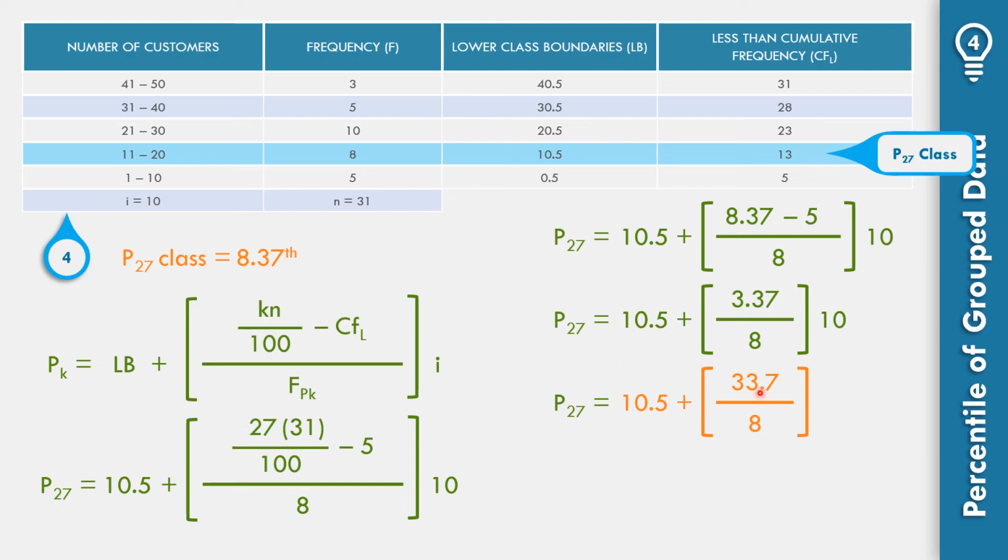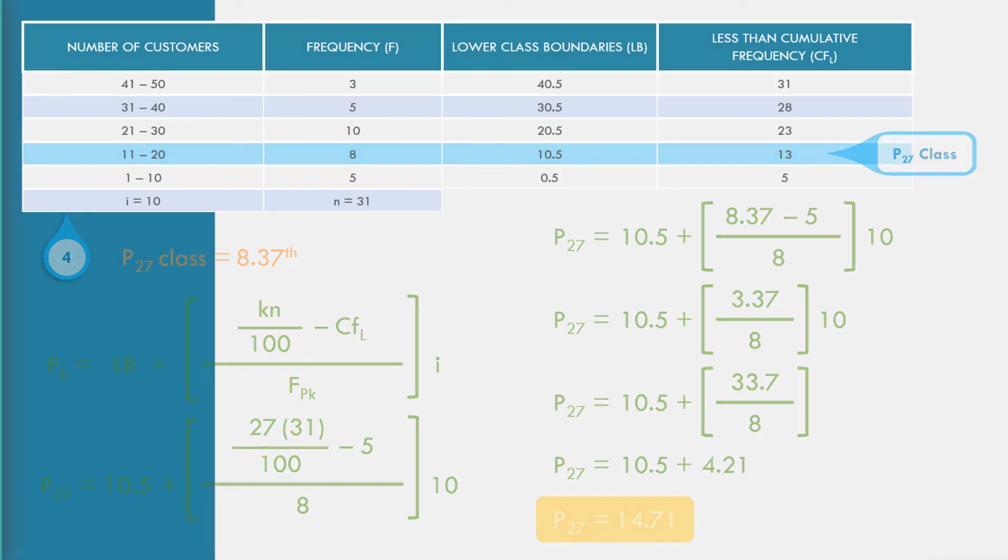Copy 10.5, copy the denominator 8. So P sub 27 is equal to 10.5 plus 33.7 divided by 8, that is 4.21. So if we add 10.5 plus 4.21, that is equal to 14.71. As you can see, 14.71 as the answer for P sub 27 is between the interval 11 to 20.